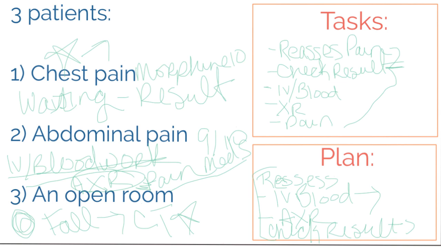So lots going on. You definitely change your plan as you go throughout your day. What seems important and what needs to be done at one moment can definitely change for the next. But that's how I would go through and manage my time with my 3 patients if that was the situation. So I hope that helped.